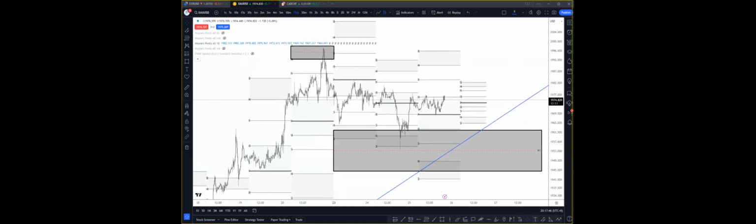What happened on Tuesday was that our target entry was here, and it nicely dipped into this area and pushed back up. And now we're in this sort of flag pattern.